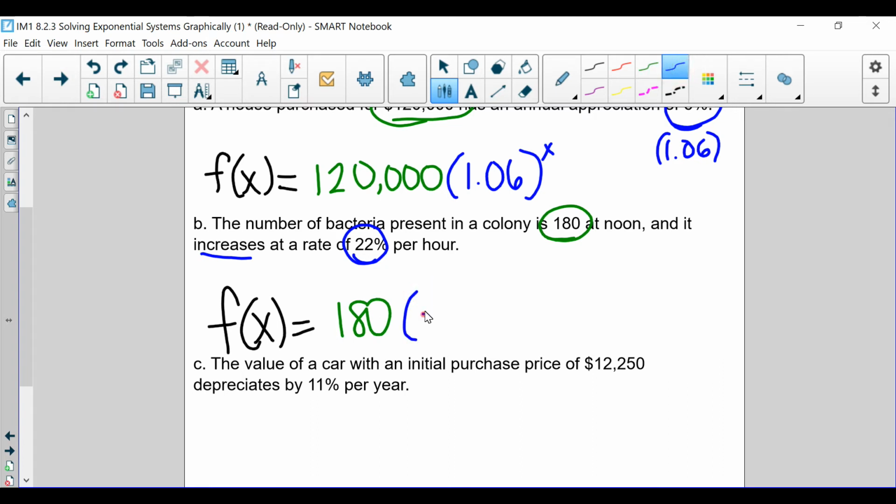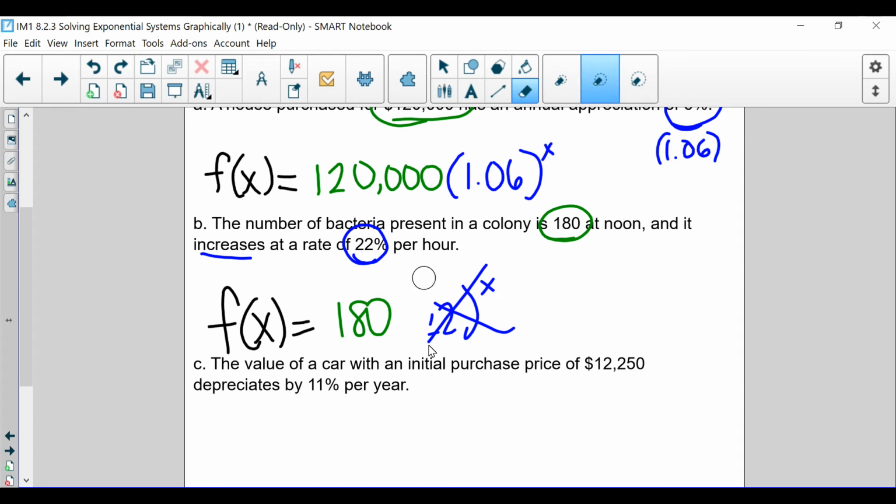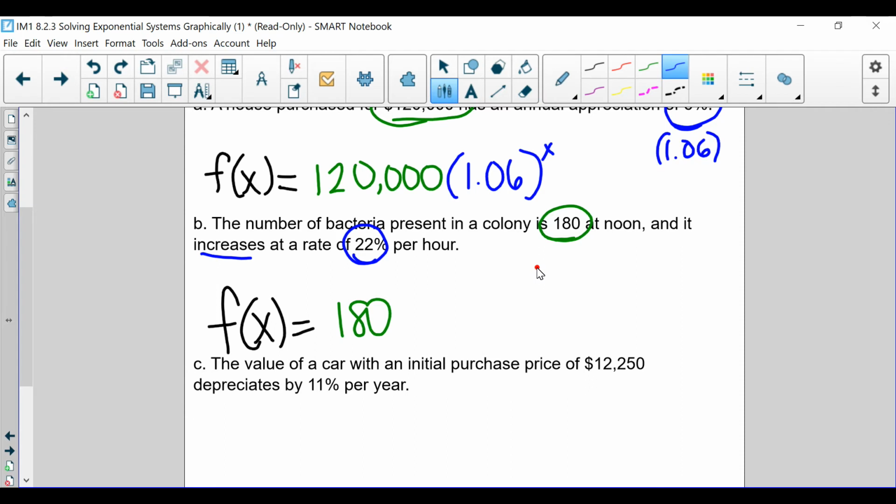So a common mistake is for people to do this. Is that correct? No. 22% is the increase in value. So remember, the original value was 100. If you're going up by 22%, you're actually going to be at 122%.